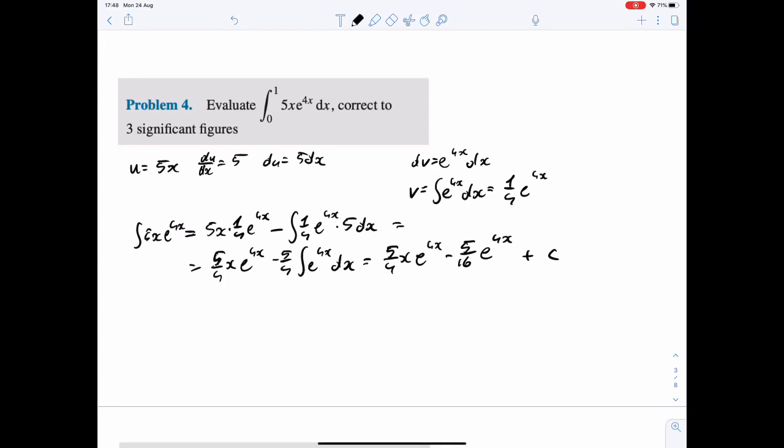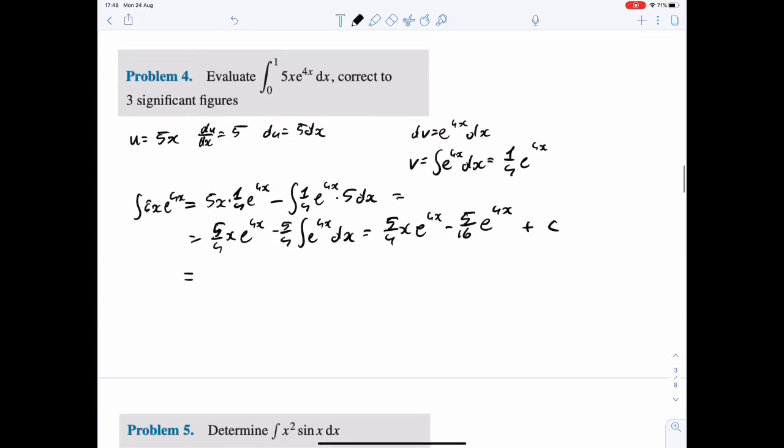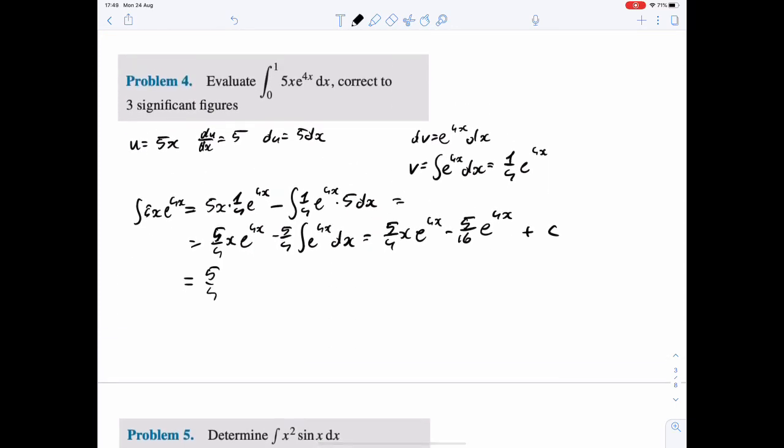So now I can actually take a common factor out of this expression and get a slightly simpler expression. So that will give me 5 over 4 e to the power of 4x in the bracket x minus a quarter.